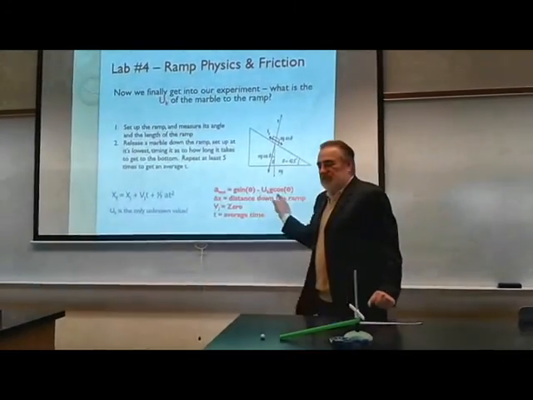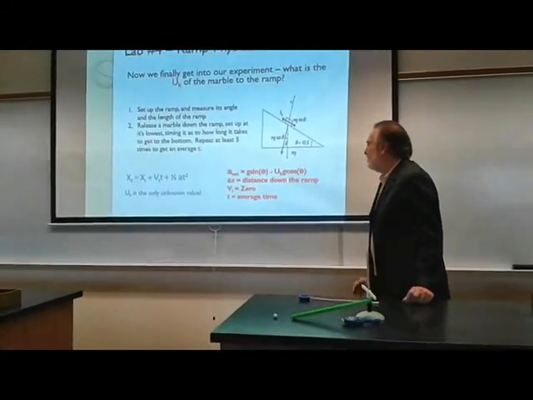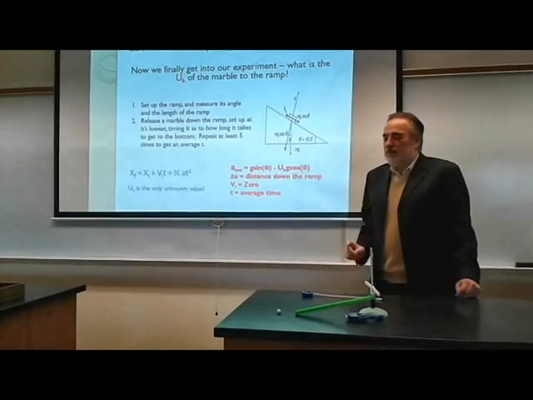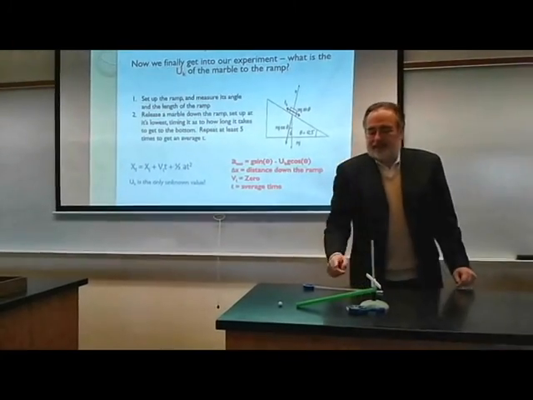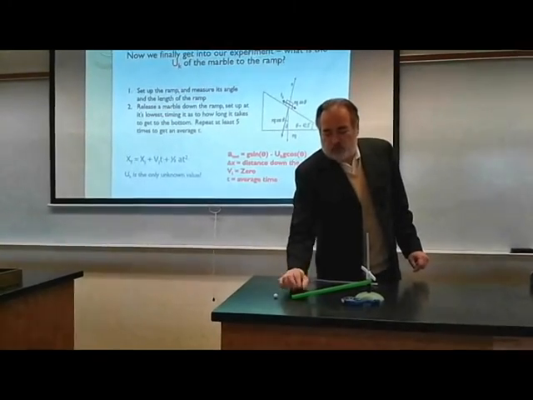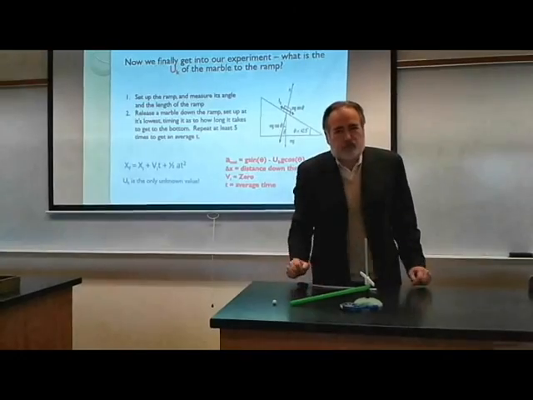The change in distance, we measured it, right? And the net acceleration would depend upon the angle of this ramp. So you would use your protractor to measure the angle of this ramp.